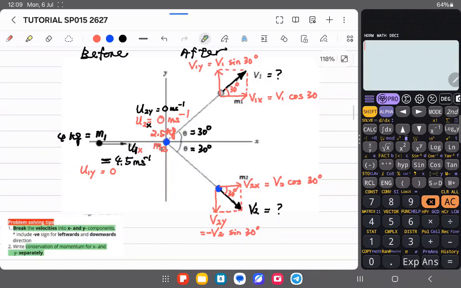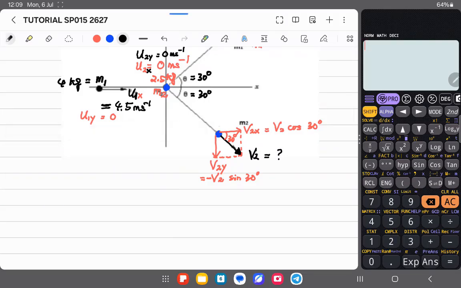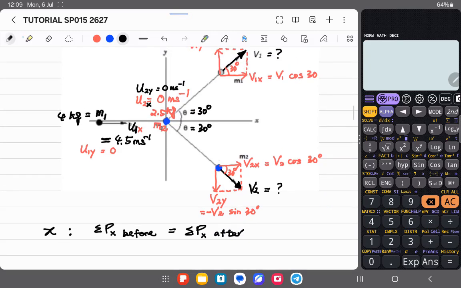Okay. After we have broken down all the velocity, then only we can write the conservation of momentum for x and y direction. So we consider the x directions. So we have total momentum x before collisions equal to total momentum x after collisions. So before collisions, m1, mass 1 is moving with a velocity 4.5 meter per second, but ball 2 is at rest. After collision, m1 is moving with the horizontal component v1 cos 30 and m2 is moving with the horizontal component v2 cos 30.